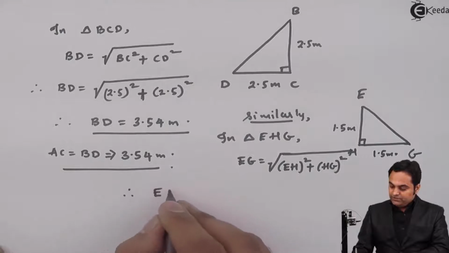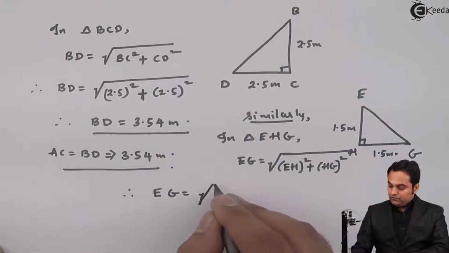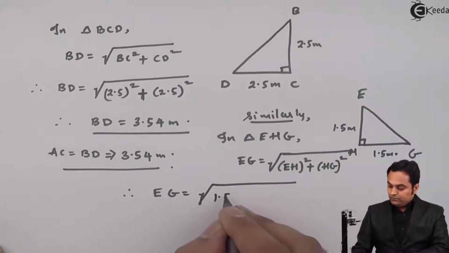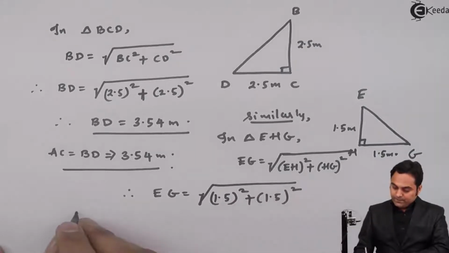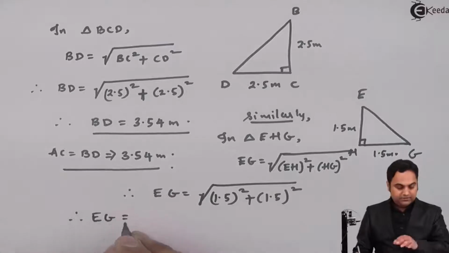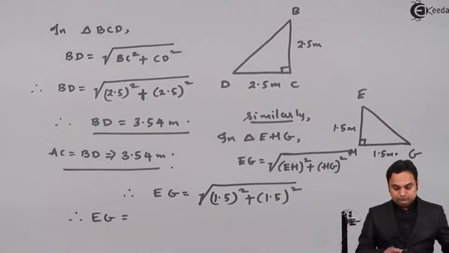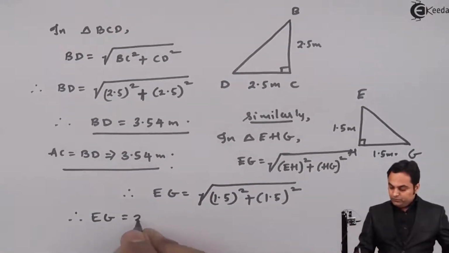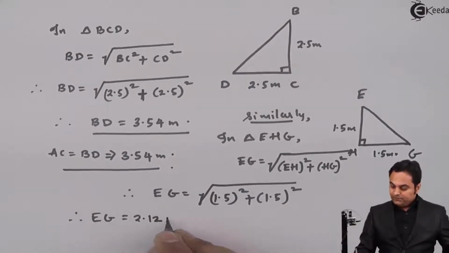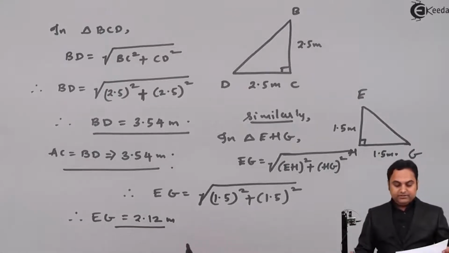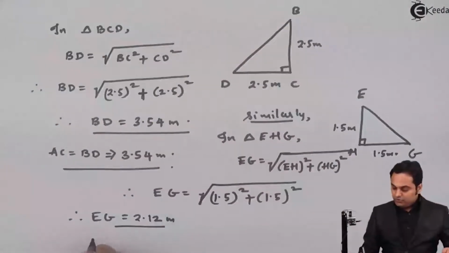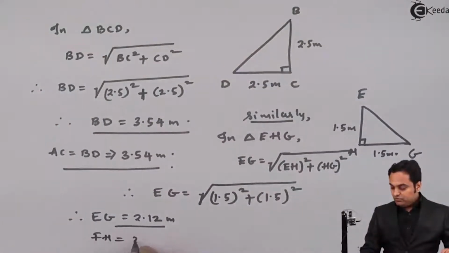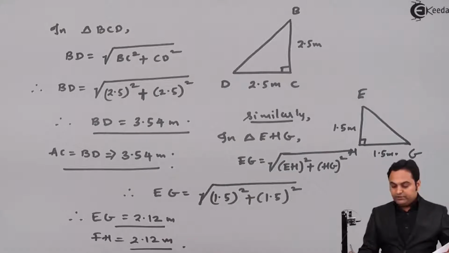So therefore EG is equal to square root of 1.5 square plus 1.5 square, and therefore EG comes out to be 2.12 meter. Similarly, the other diagonal inside, which is FH, will also be the same. So FH is equal to 2.12 meter.